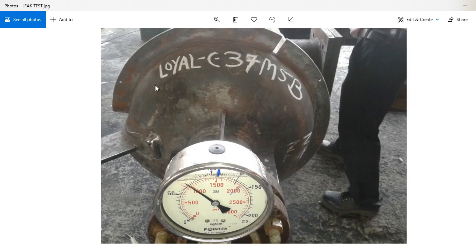This is a vessel that is being tested using high pressure water, that is called hydraulic testing. The pressure over here is 1500, or 1000 psi, pounds per square inch.